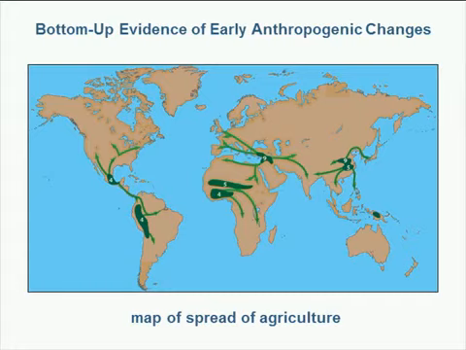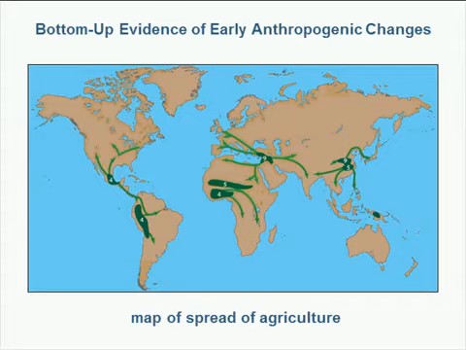So this is the pattern of the spread of agriculture. And you note that the spread of agriculture is happening pretty much within that interval in which the greenhouse gases are going the wrong way. That is, that they're increasing when they should have decreased.